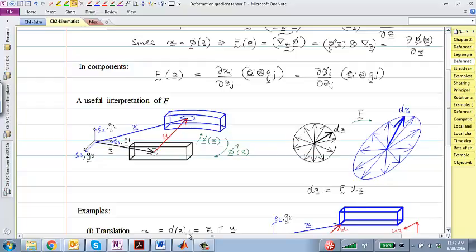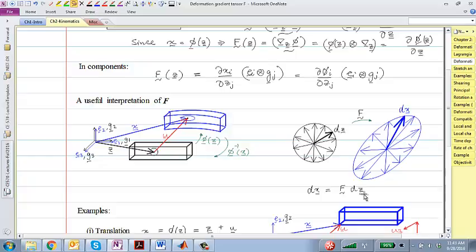So this interpretation is very useful. This dx is equal to F dz. What's really happening is that if you go to any point in the undeformed black configuration, in the neighborhood of that point, you have infinitely many unit vectors. That's the black sphere that I've sort of drawn out there.